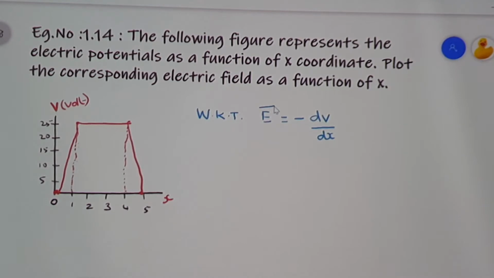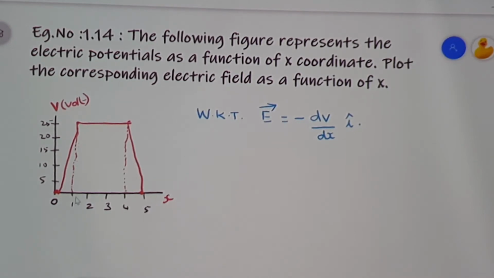If you are writing it as a vector quantity, then I have to multiply this with the unit vector i cap. If you want to write it for the y direction or z direction, you can put j or k, etc. Here we have to get the electrical field with respect to x, so I have written it with the help of i cap.